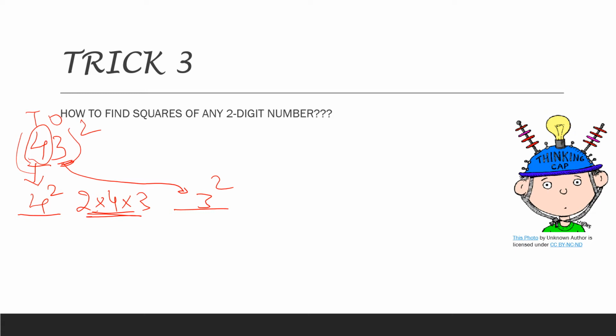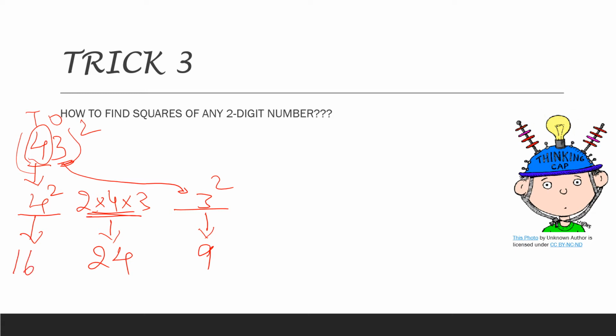Now make sure that when you square the numbers, each should be a single digit. In this case it's a single digit, so no need to worry. But usually if it's a double digit, then I'll tell you what to do. Over here it is 24, which is a double digit, and the square of 4 is 16.